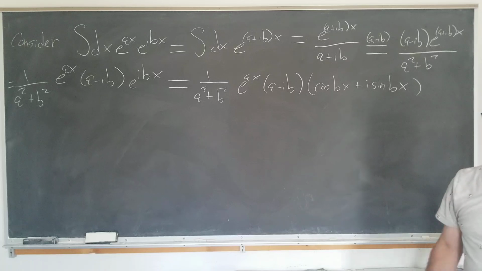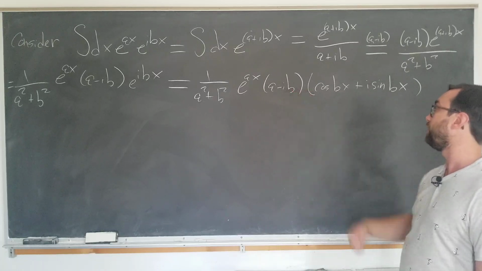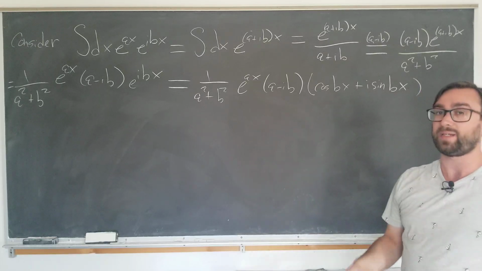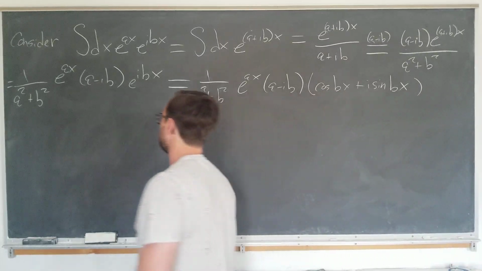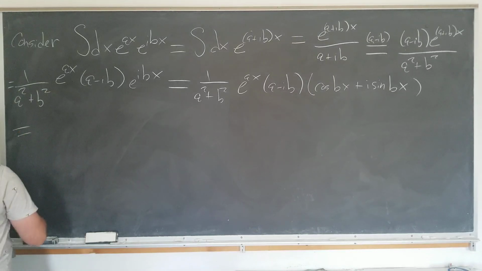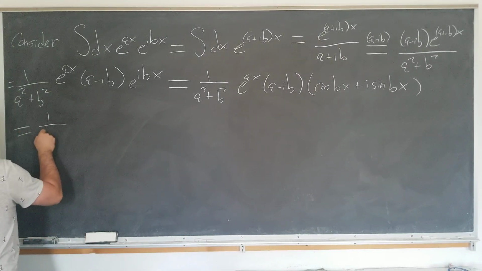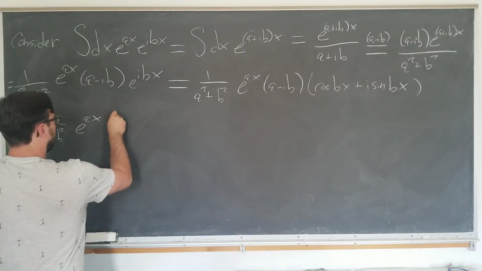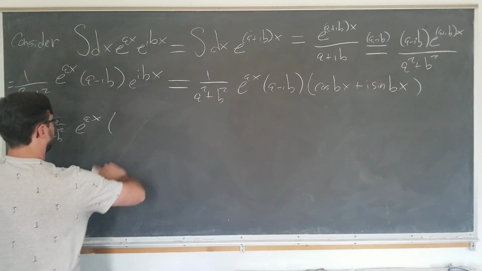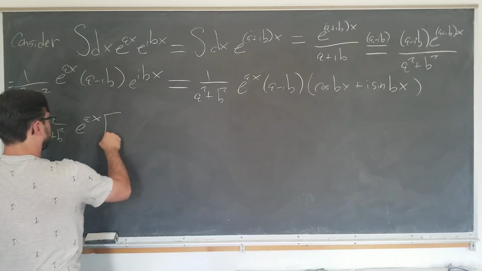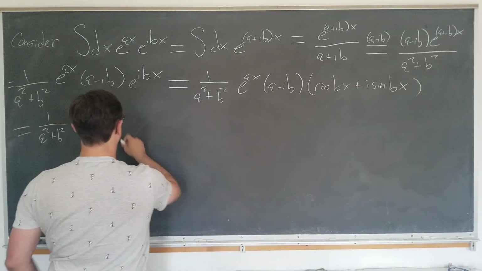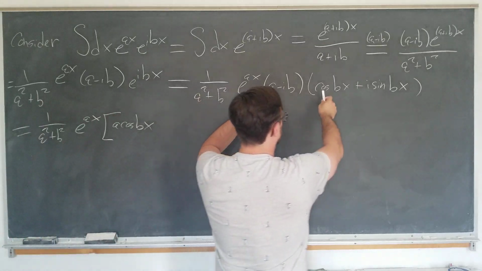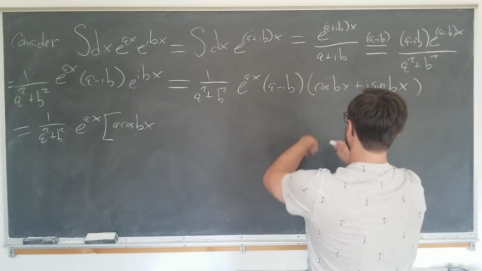All right, and now we simply have to multiply the a minus ib times the cosine bx plus i sine bx, and we should be pretty much done. We do that now. Well, let's go ahead and write the real part first. We have a cos bx, and the other real part is going to be the last term.